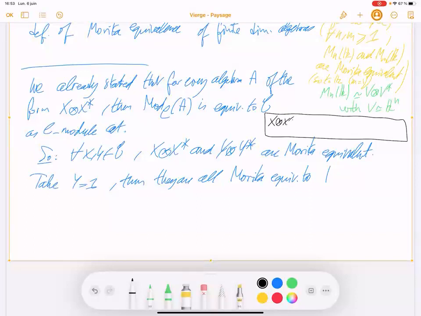X tensor X star is a generalization of the algebra object, a generalization of the matrix algebra M_n(K).